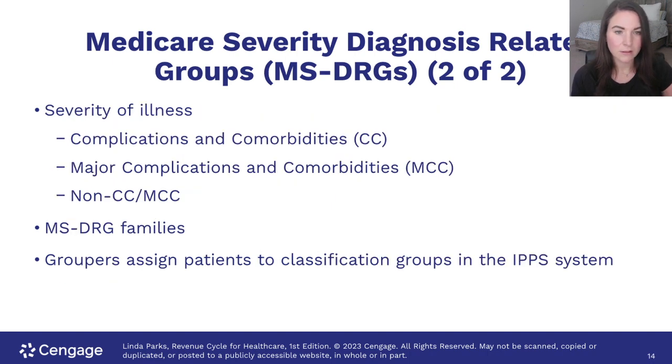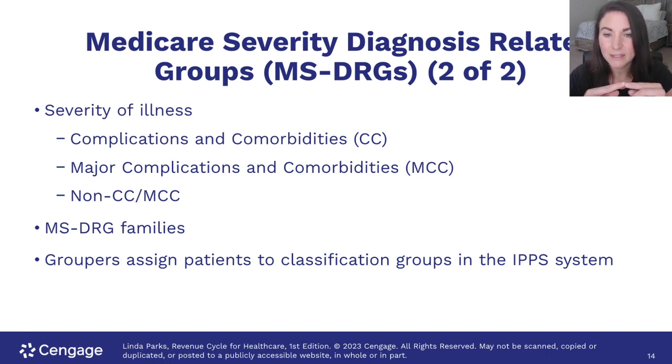Okay, the severity of illness just allows them to get more specific so that CMS can reimburse more complex cases enough money. There are 3 levels, and this is assigned based on complications and comorbidities, or CC conditions. A complication is something that happens after admission, and comorbidities are conditions that already exist prior to being admitted to the hospital, like high blood pressure or diabetes, things like that.